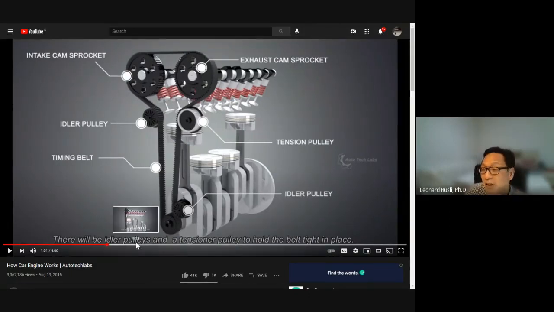We will learn about belts. And in many cars now, they use timing chains instead of timing belts. Timing belts have to be replaced at like 70,000 miles, about 100,000 kilometers, I would say. You have to change timing belts. Timing chains don't need replacement.